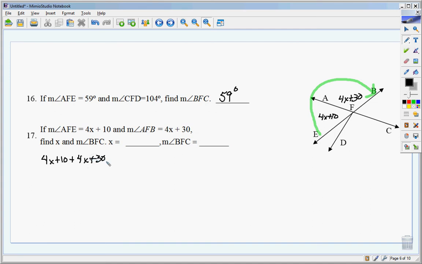I'm going to add them together and set them equal to 180. 8x plus 40 equals 180. 8x then is equal to 140 by subtracting the 40 from both sides. And when I divide by 8, I get x is equal to 35 over 2 when it's reduced, or 17.5.